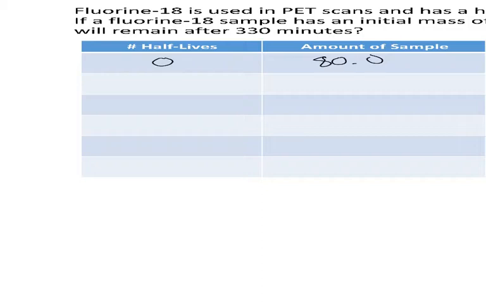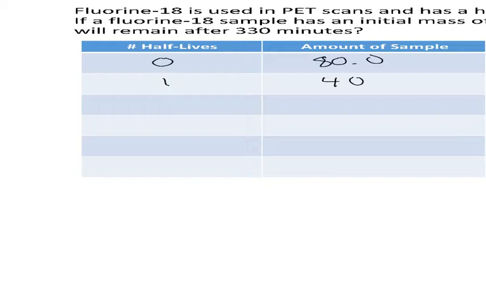And then I figure out, okay, after 1 half-life, I know that I'll have half of whatever amount of sample I had to begin with. So if I started with 80, after 1 half-life, I'll have half of that, so I'm going to have 40. And after each half-life has elapsed, I have to add time: if 1 half-life is 110 minutes, then after 1 half-life, this will be 110 minutes.